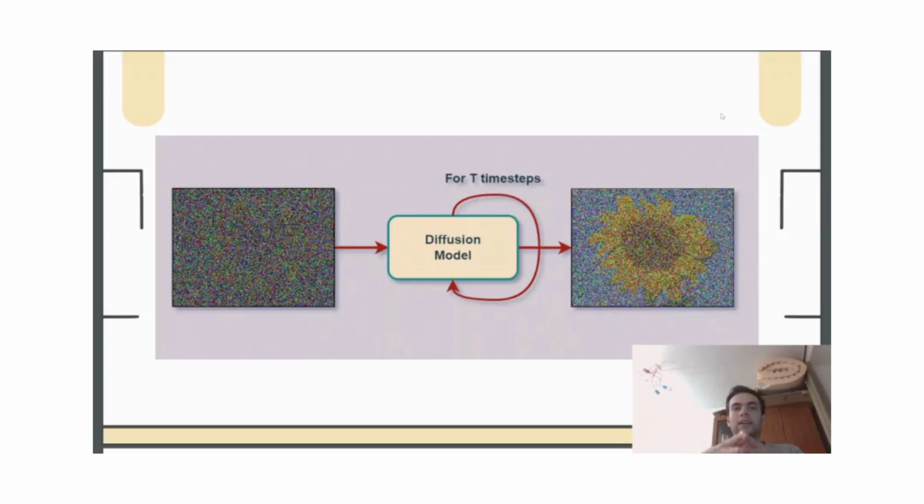And by the diffusion model, it firstly does the exact opposite. So we have a full detailed picture of a yellow flower, and for t time steps it goes from this to this.